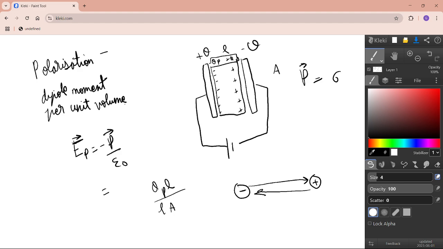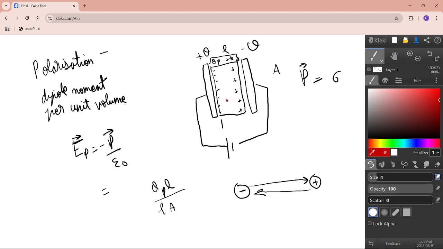Because it's basically two plates of charge, like few atoms thick plates of charge, we can use sigma by 2 epsilon naught to calculate the electric field due to them.